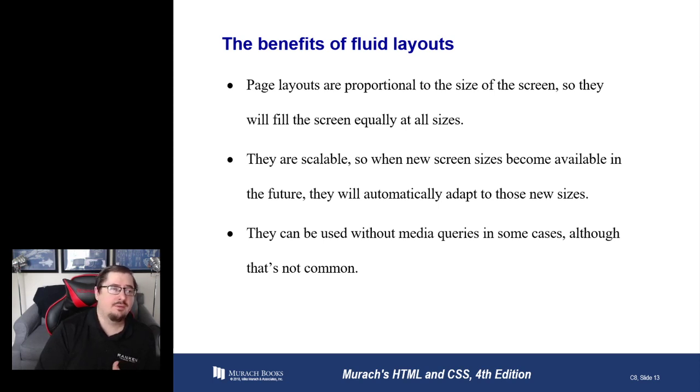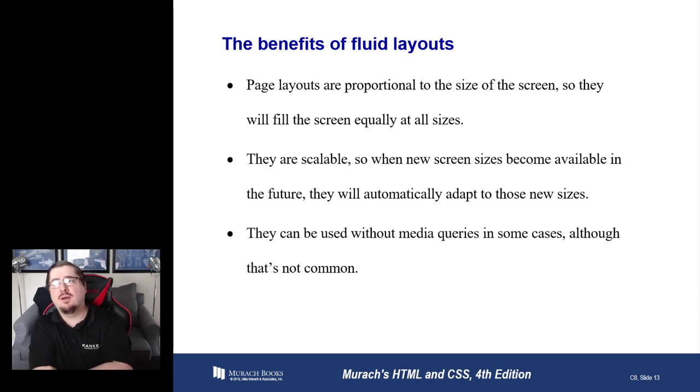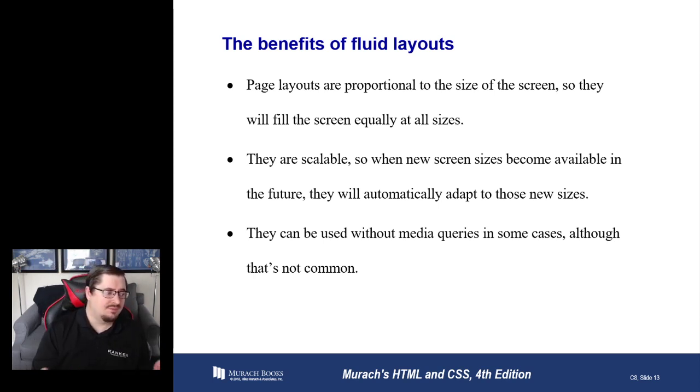Versus, on the other hand, if you think about this website here, these examples in the book, they were primarily targeted for screens that are roughly 1,000 pixels wide. Well, a 4K screen is about 4,000 pixels wide.